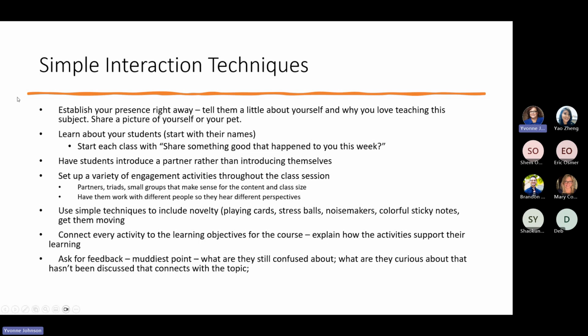And they become more aware of what's happening in the world, and they're processing it through a different lens. So does anyone want to share different types of interaction techniques that they use in their classes to build that engagement and the connections between people in the course?